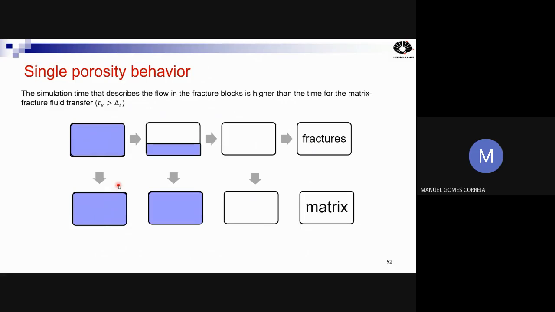Then it goes to the next block again. So it's a different behavior. In this kind of behavior, it is easy to make some kind of average between saturations, porosity, and permeability between these blocks and convert this dual porosity system into a single porosity system, okay?